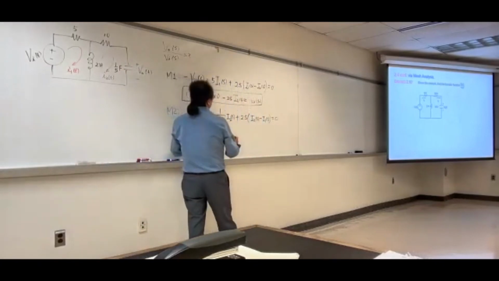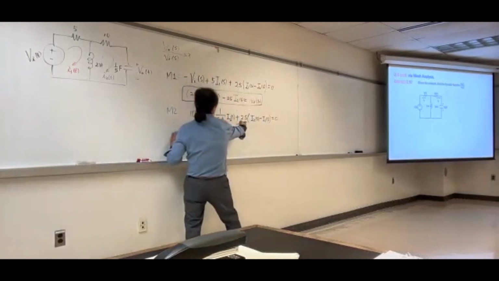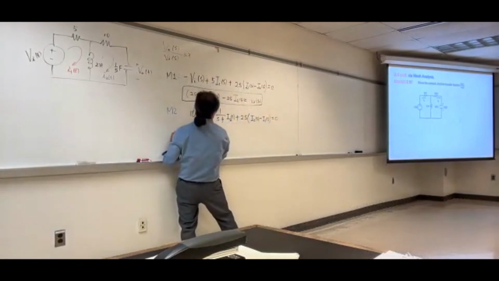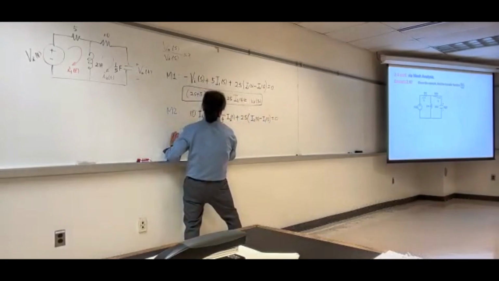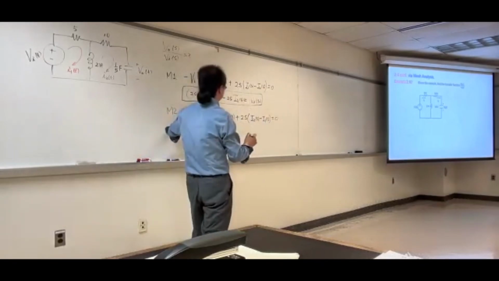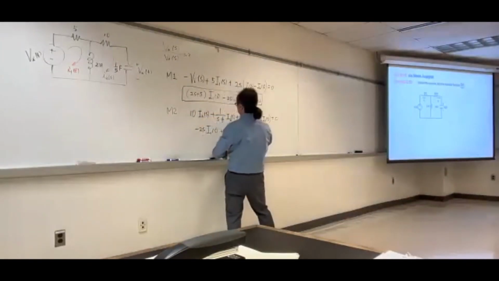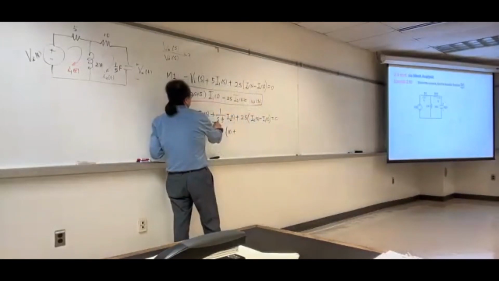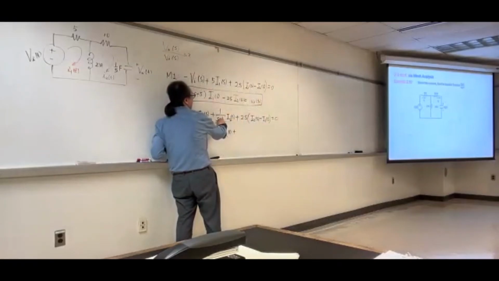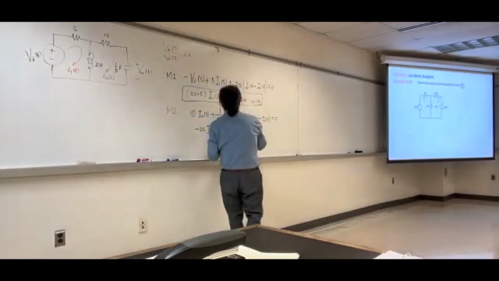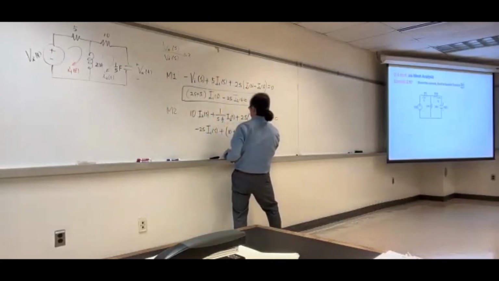If we collect the I1 terms, there's only one: negative 2S I1(s), plus the I2 terms: 10 plus 1 over S over 5, so it's 5 over S, plus 10 plus 2S.